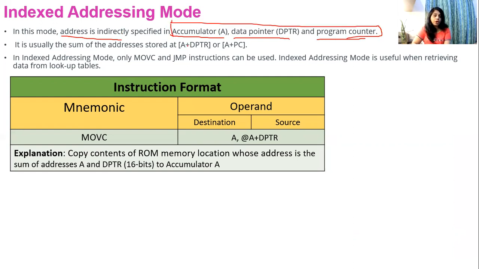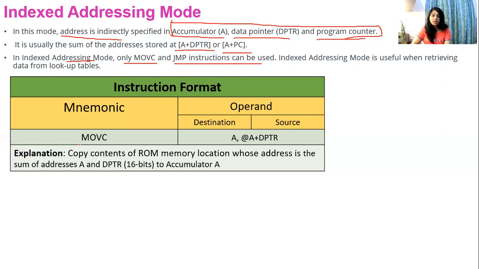The address is calculated either by adding the contents of the accumulator and data pointer, or by adding the accumulator and program counter, not both in one instruction. Let's take one example. This instruction usually takes the sum of the address stored in A and DPTR. But in indexed addressing mode, only MOVC and jump instructions can be used.